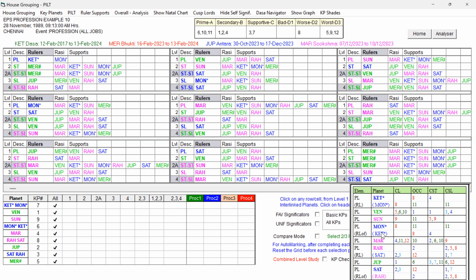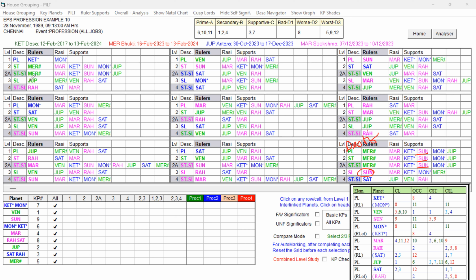Out of these key planets, which planets are influencing the destiny for changes? Obviously, Sun, being the sublord of the 10th sublord and also forming ruler link to all the levels. So Sun is the strong change causing key planet influencing the destiny itself.